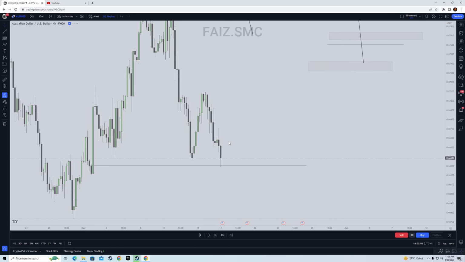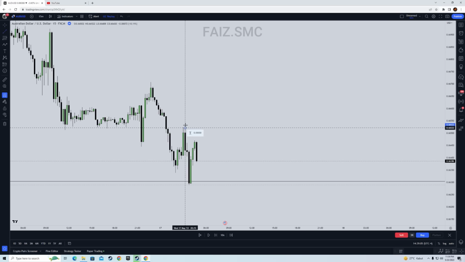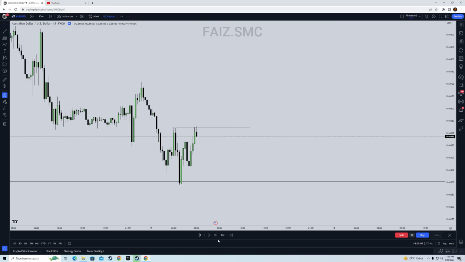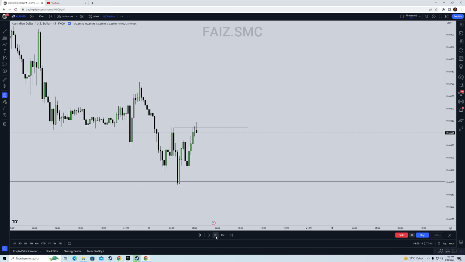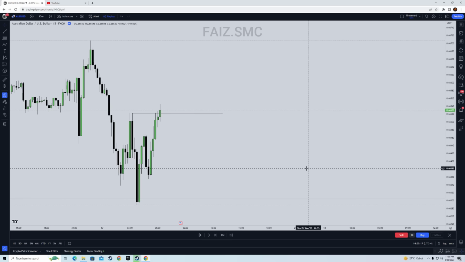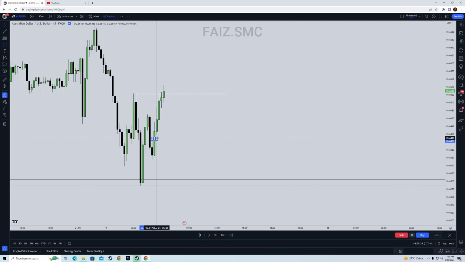So I drop down to the 15-minute time frame. This right here would be my shift in market structure, and let's see what happens. Price takes out this level, giving me a market structure shift right here. Then what I see is a tiny bit of fair value gap right here.